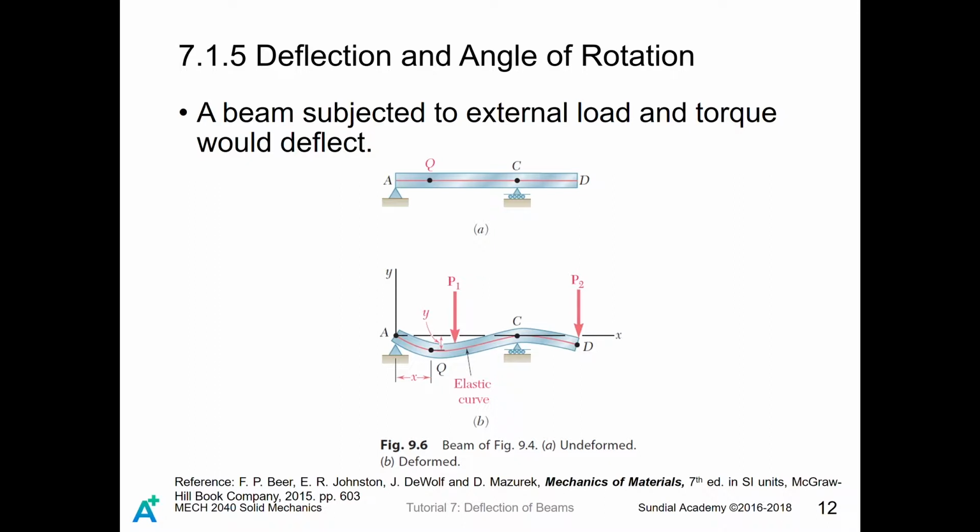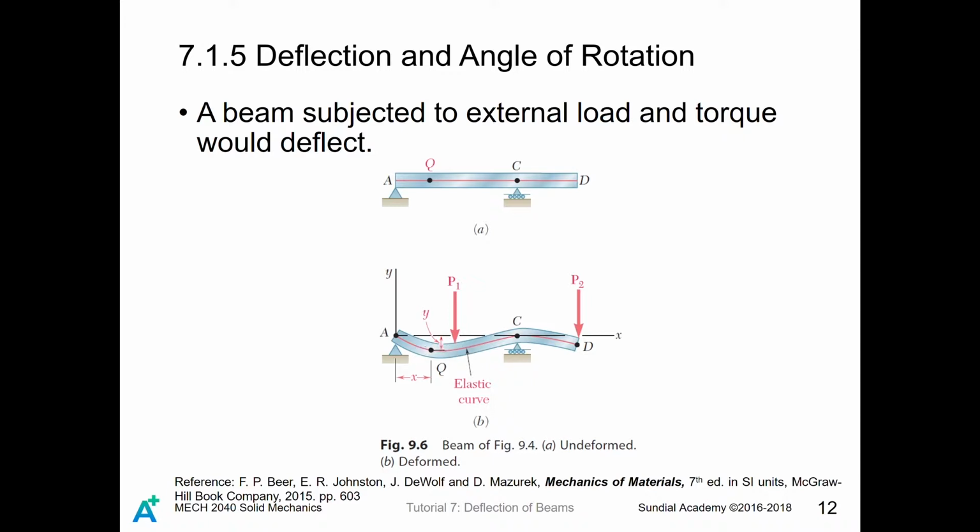about angle of rotation. So you know, a beam subject to external load will deflect. For example, the beam could become like this. So this distance is called deflection, the distance between its original shape and its current position after a load is applied.